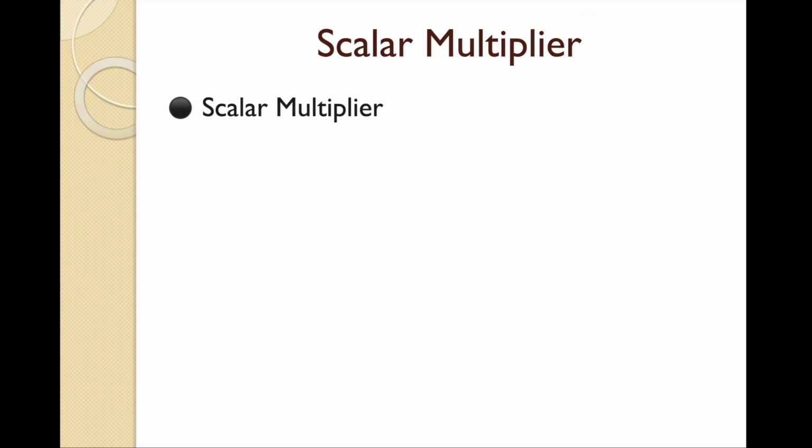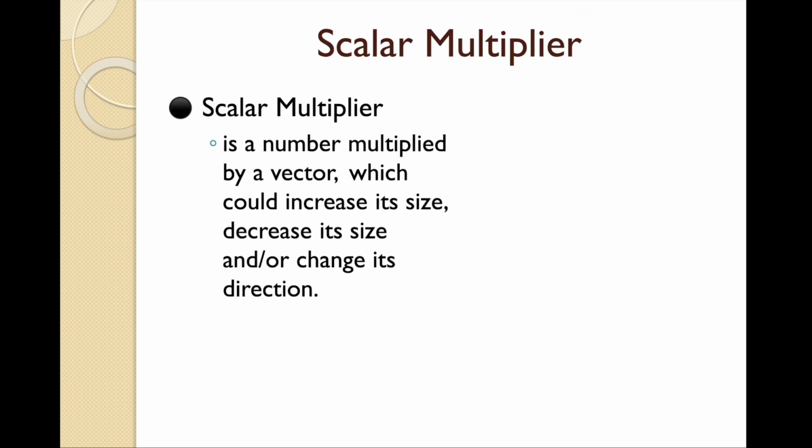So, scalar multiplier. When we're talking about a scalar multiplier, this is a number multiplied by a vector which could increase its size, decrease its size, and or change its direction. I'm going to throw a wild card out there, but before I do, let's try it small first. If I want to double a vector, what number do you think I'll multiply it by?